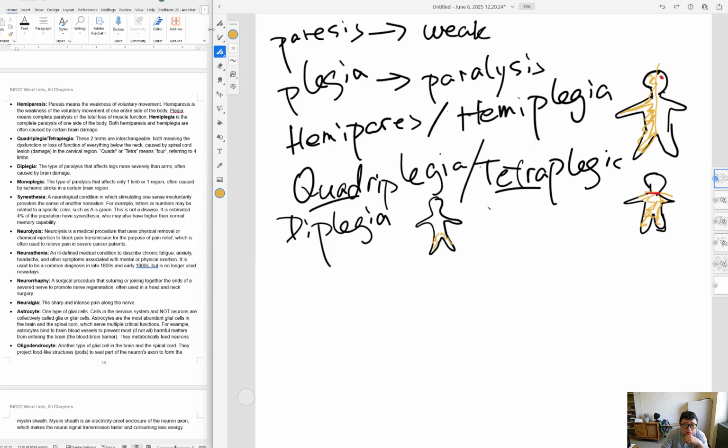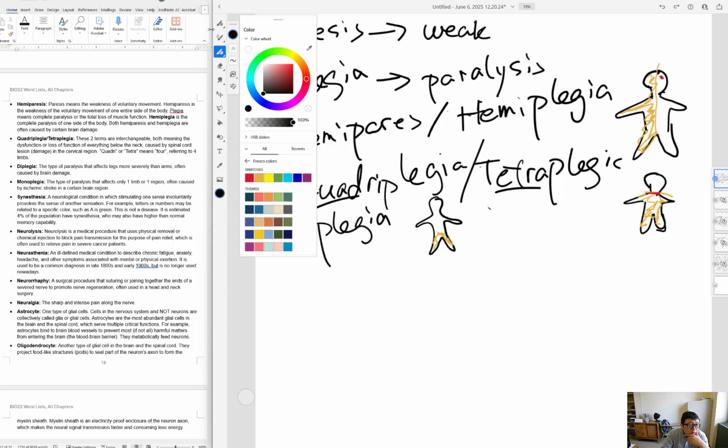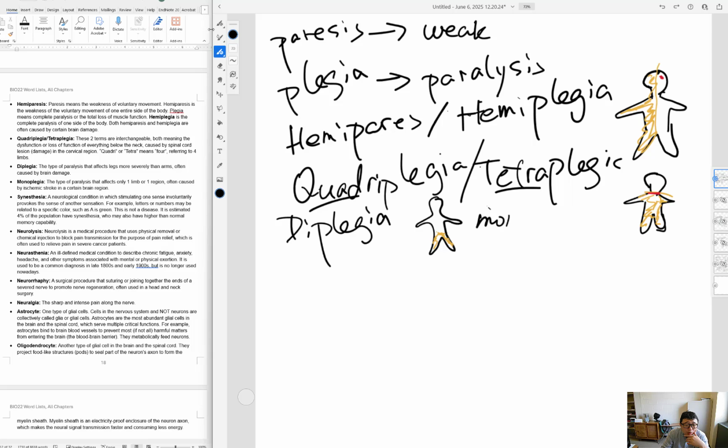And sometimes the arm is also affected, but at least less severe than the leg. Diplegia, the lower half. Then mono is only one. Monoplegia, only one arm or leg, one of those. So that's it for the plegia. What's the next?